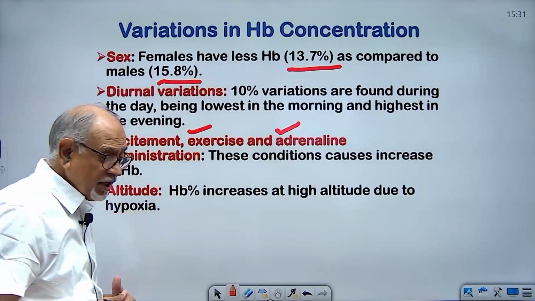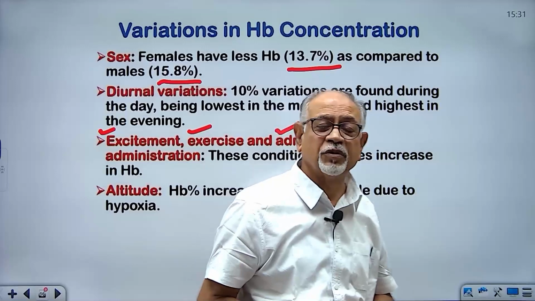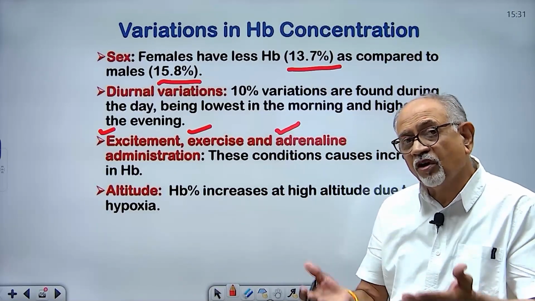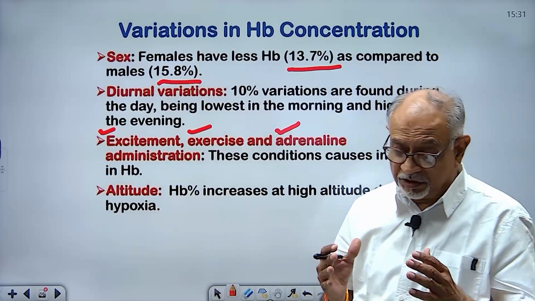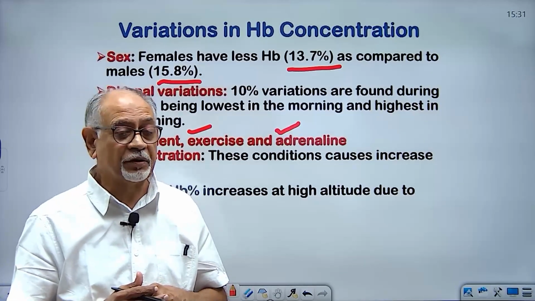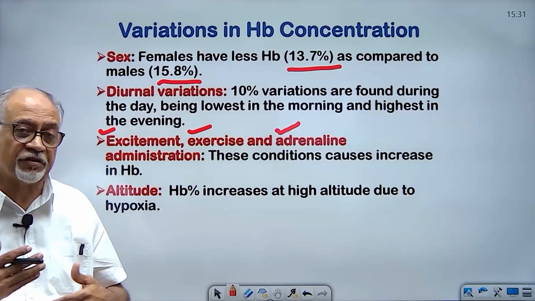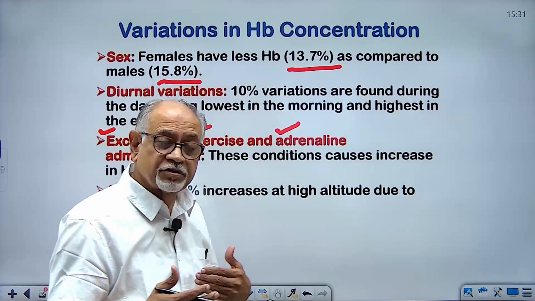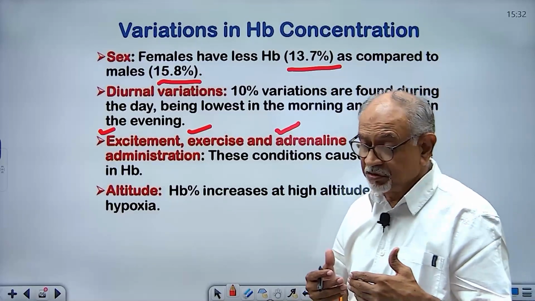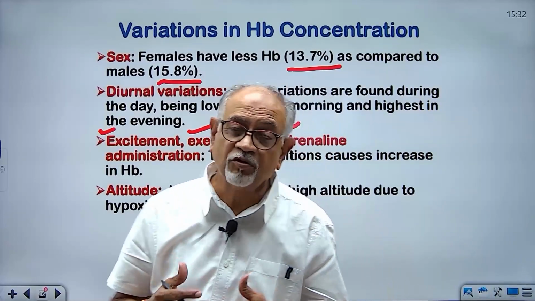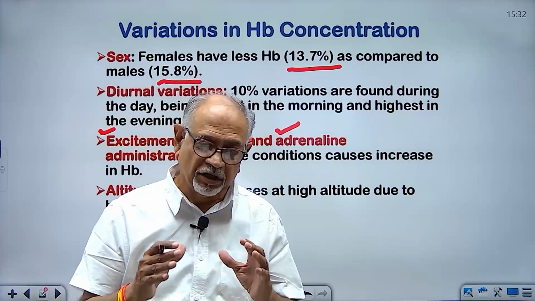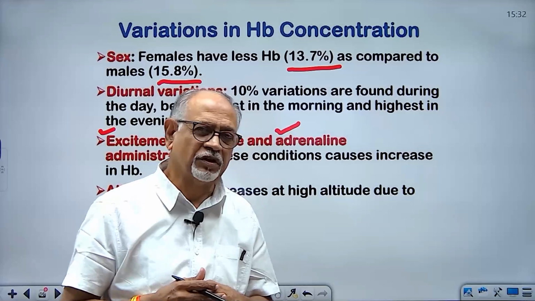Then at high altitude, the hemoglobin percentage increases, because as we move to high altitude, there is a deficiency of oxygen in the air. So, the demand for oxygen increases, and to meet that, the number of RBCs is increased, and at the same time the amount of hemoglobin increases so as to meet the oxygen demand of the tissues.